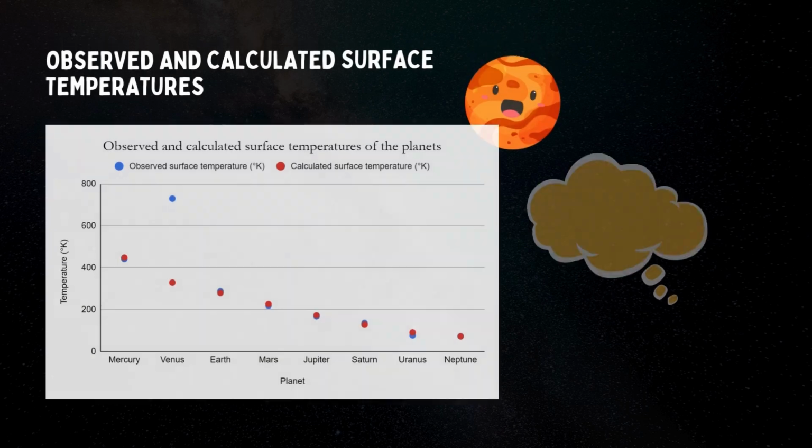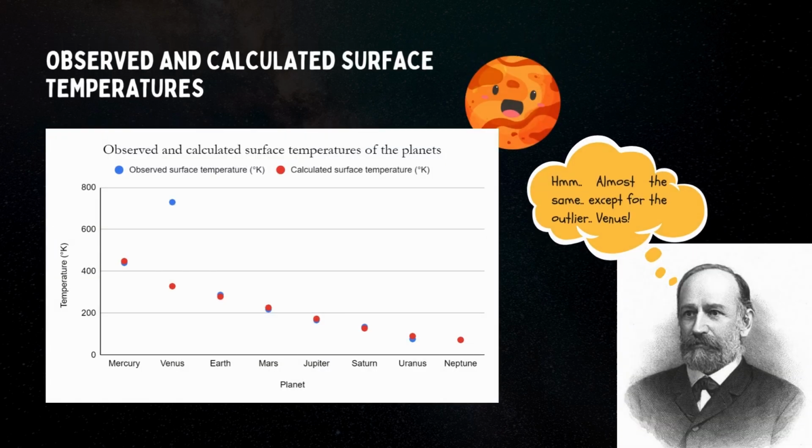Using Stefan Boltzmann's law, we can calculate what the surface temperature is, and then you put this graph there and say this graph shows that to the first order, other than Venus, all planets in my solar system have an observed surface temperature almost indistinguishable from the calculated surface temperature. This points to the fact that the flux of energy any body receives from the sun determines the surface temperature to the first order.